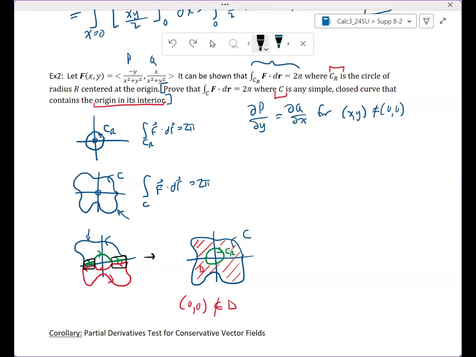But by picking this circle, I've excised (0, 0) out of the inside of my curve C, or of this domain D.